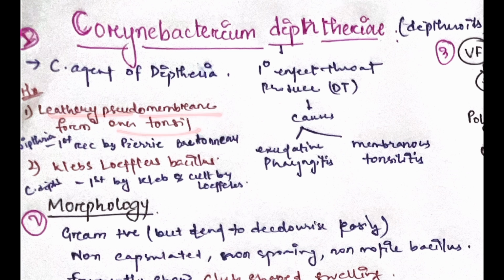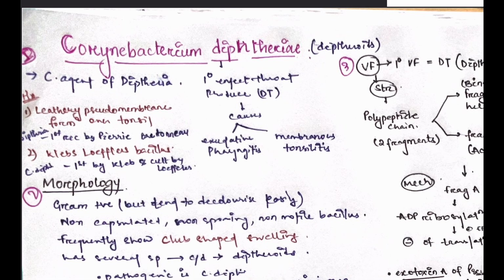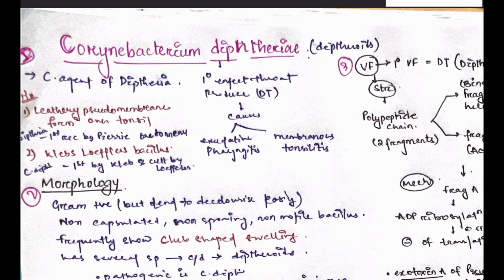And Corynebacterium diphtheriae was first recognized by Klebs and cultivated by Loeffler, so the name came Klebs-Loeffler bacillus. So this is the history: the leathery pseudomembrane formation over the tonsil gave the term diphtheria, and Corynebacterium diphtheriae came from the Klebs-Loeffler bacillus.